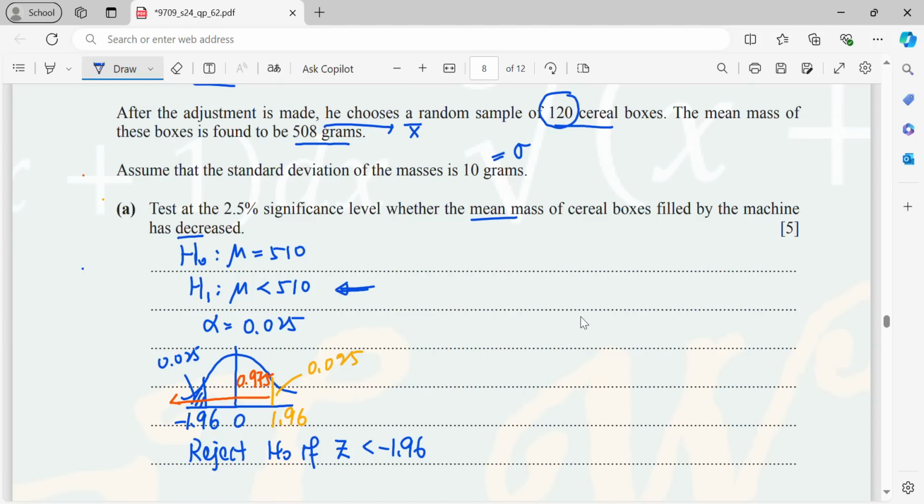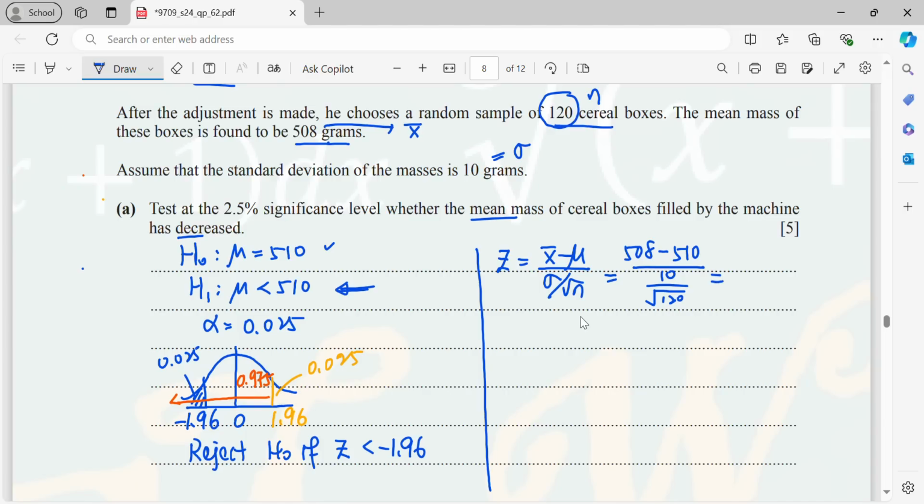So now my calculation, I'll just do it side by side. Z equals x bar minus mu over sigma over square root n. That means the x bar is given 508. The mu is at the H naught. Sigma is given, 10 over square root of 120, that is the n.